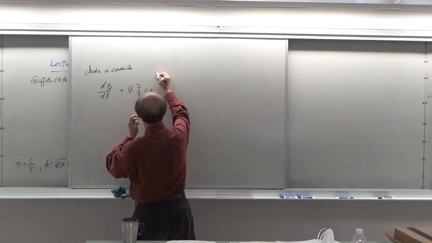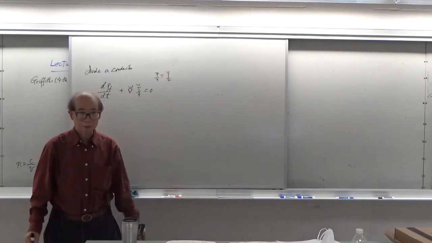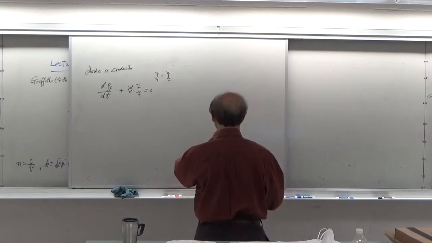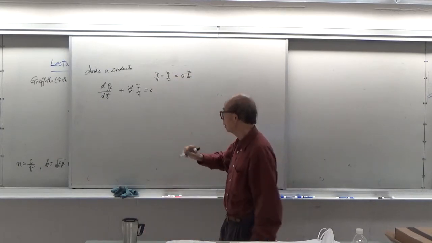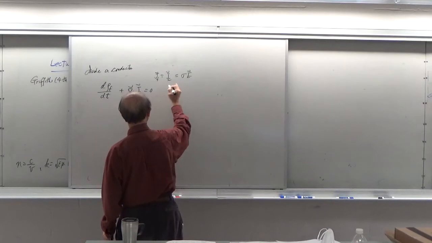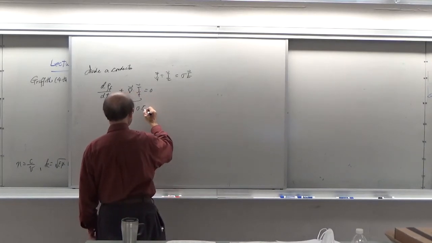We are talking about the conducting current. Conducting current, of course, is related to the electric field E and the conductivity. So that we can write this as divergence of sigma, the conductivity, and the electric field E.